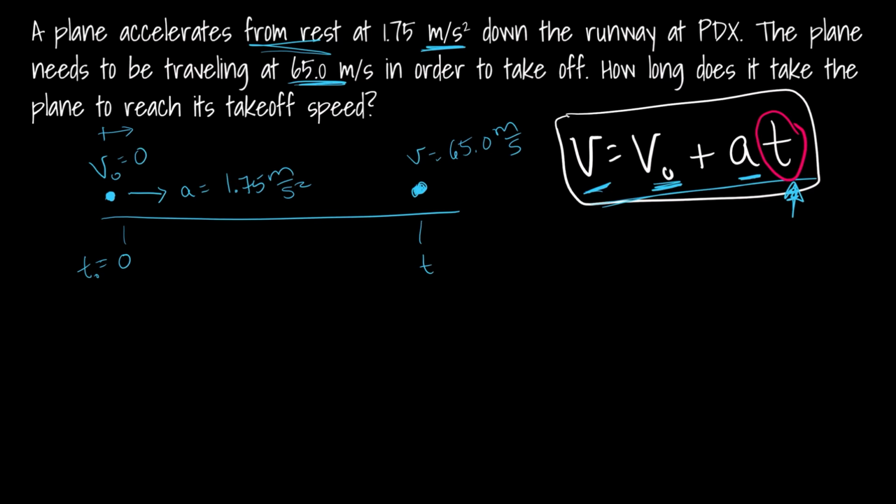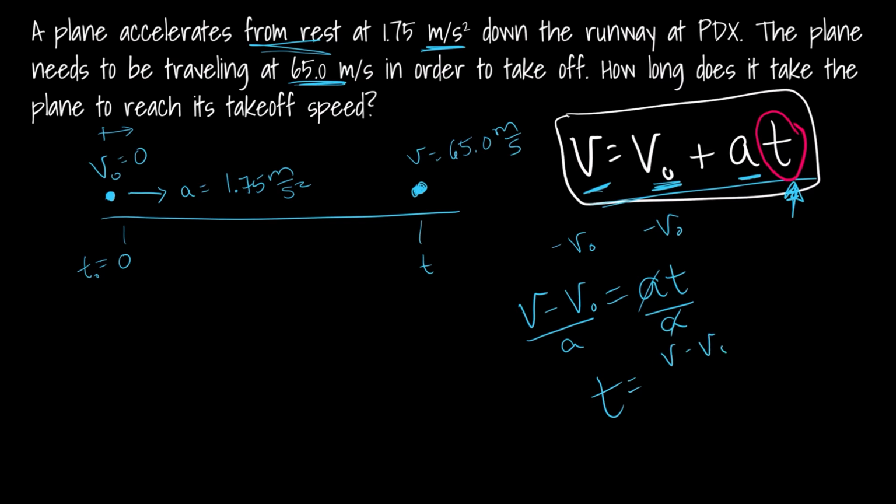First, I can subtract v naught from both sides, and I get v minus v naught is equal to a times t. Then if I divide both sides by a, I get t equals v minus v naught divided by a.